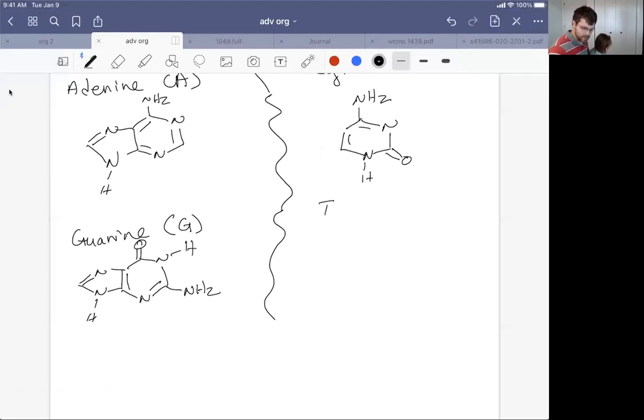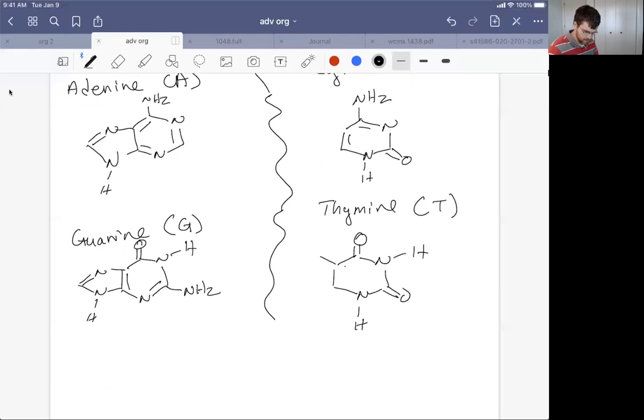So thymine is T, and T has a methyl group at this position. Then it goes into 2 carbonyls.